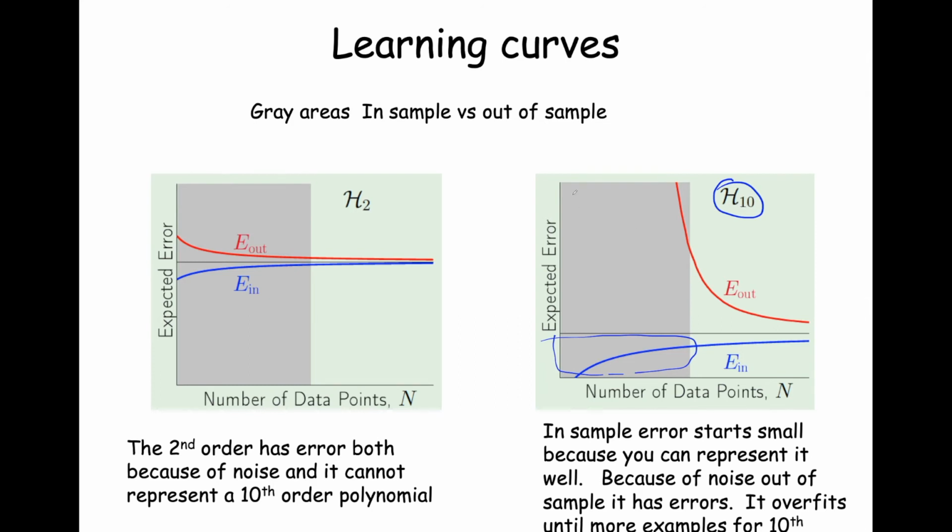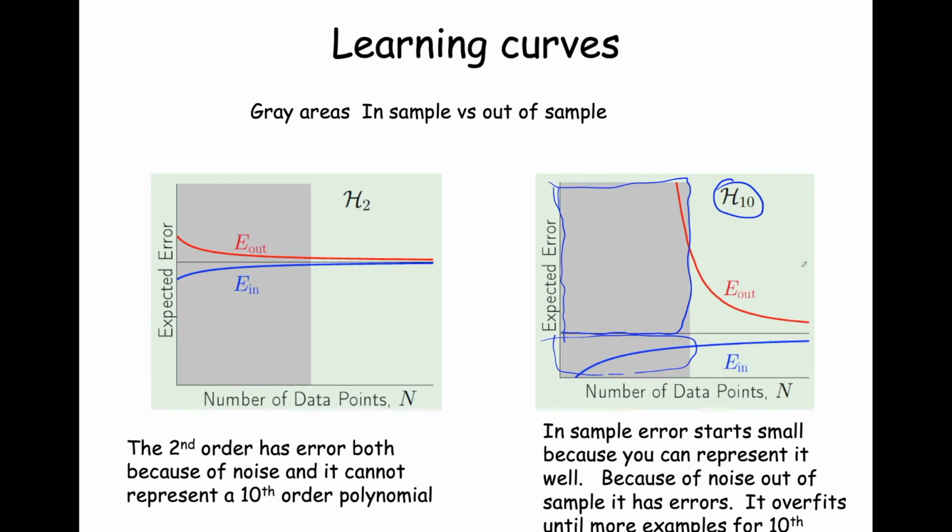And as we see, the expected error for out of sample is quite large. The reason for that is because when we're fitting with H10, we're also going to fit the noise. Eventually, if the number of data points got really, really big or big enough, then H10 would absolutely be the clear winner.